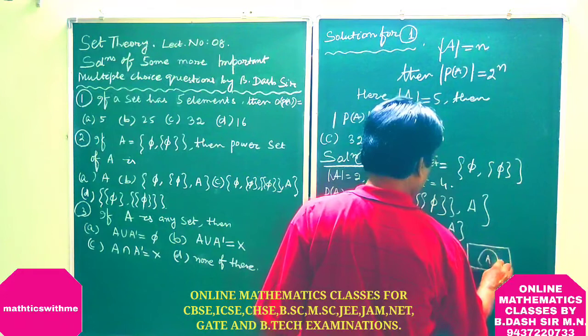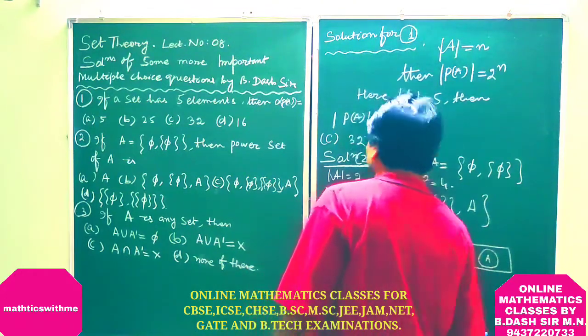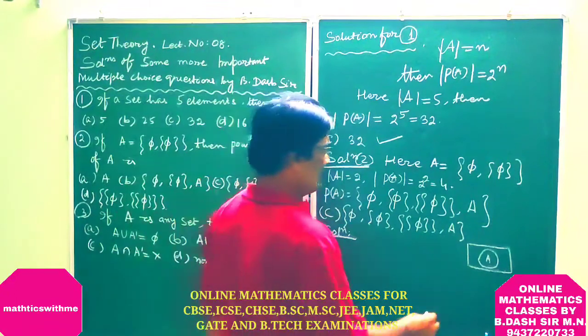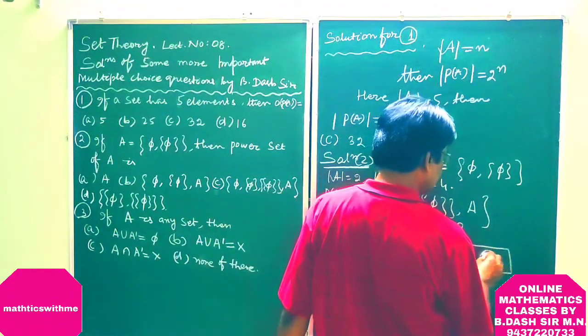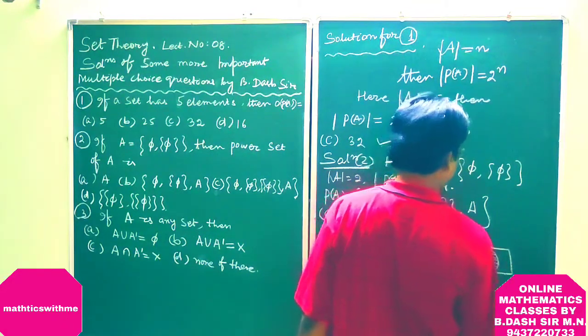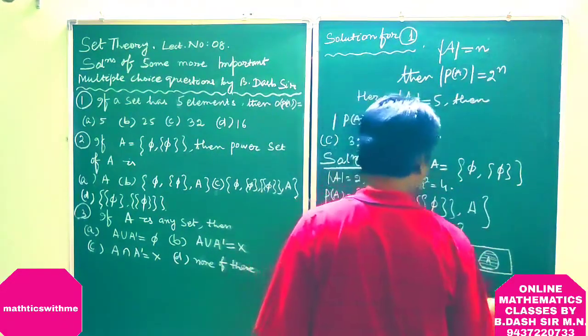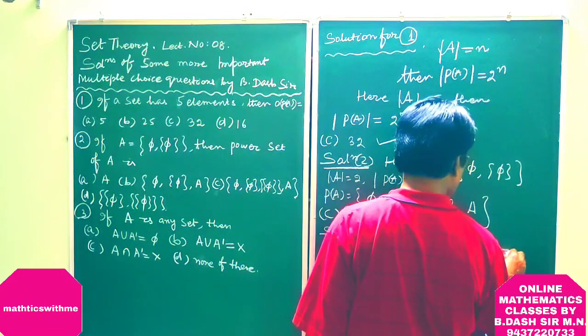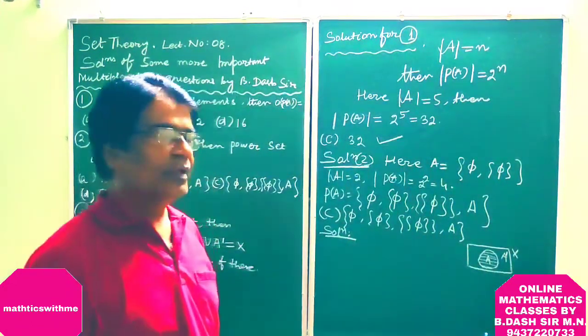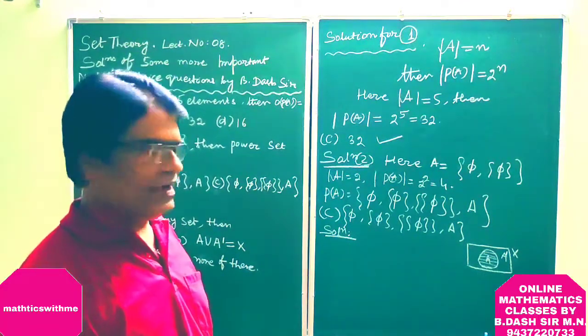Now the set A is the shaded region and A dash is the region which is not shaded.